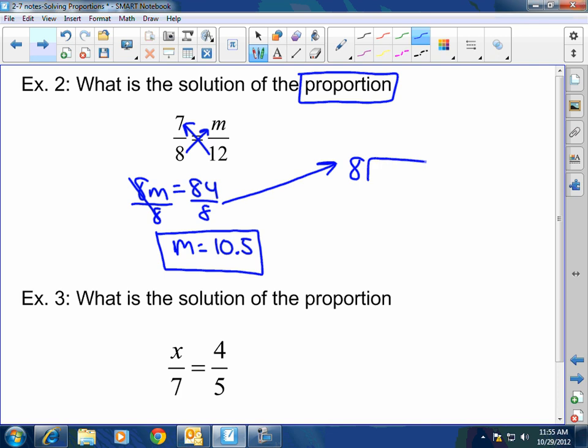So 8 goes into 84 one time, carries the 4. 8 goes into 4 0 times. Decimal, bring down the 0. 8 goes into 40 5 times, 10.5. What don't you understand, sir?